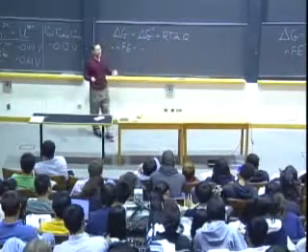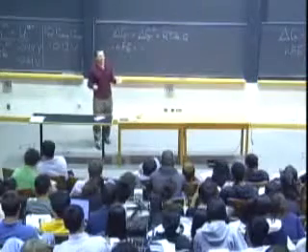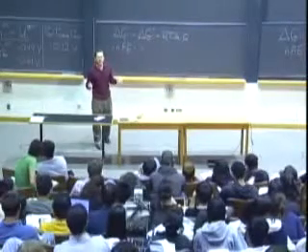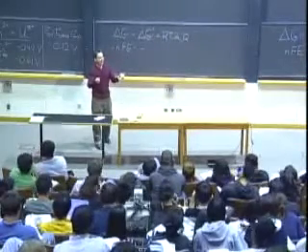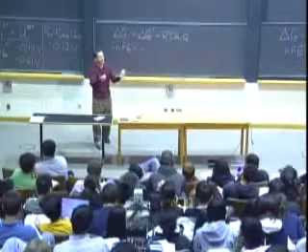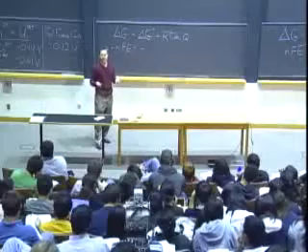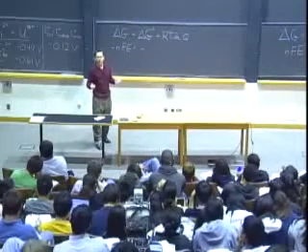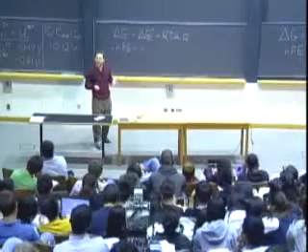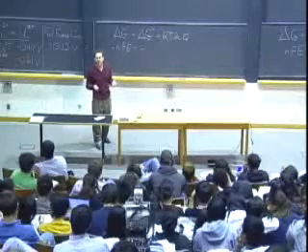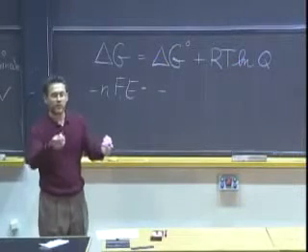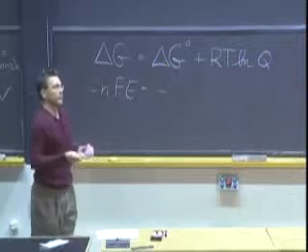Well, I showed you how to set up a galvanic cell last time, and how to calculate its standard cell potential. You could measure the standard cell potential by using externally a voltmeter. And as long as you didn't let the reaction proceed to any significant extent, then you'd know the standard potential for that cell.